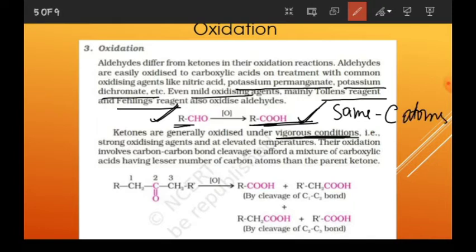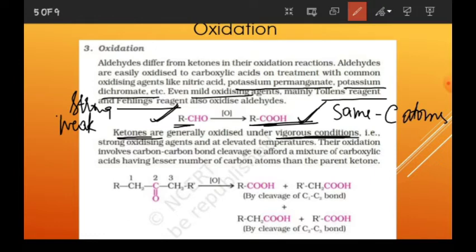Aldehydes can be oxidized by both strong and weak oxidizing agents. But ketones are generally oxidized under vigorous conditions using strong oxidizing agents only.